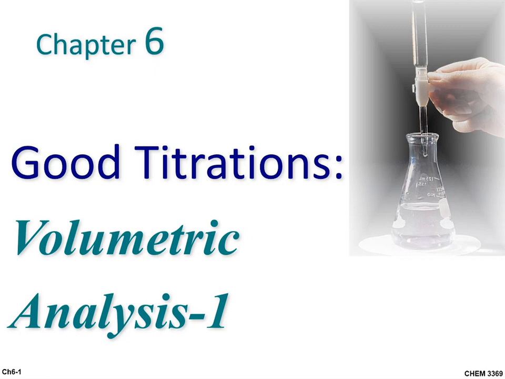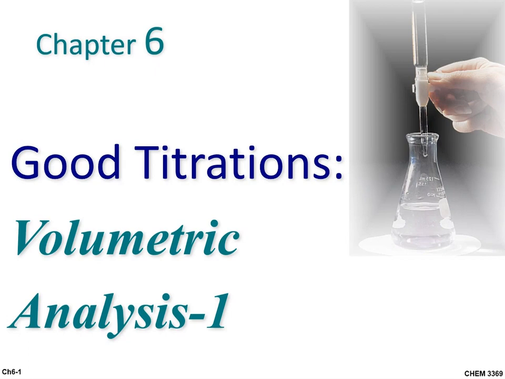There are two types of these titrimetric methods. In volumetric titrations, we use the volume of a standard reagent to calculate the concentration of analyte. And in gravimetric titrations, we measure the mass of the standard reagent. From that mass, we calculate the moles, and then from the stoichiometry of the reaction, the moles of the analyte.